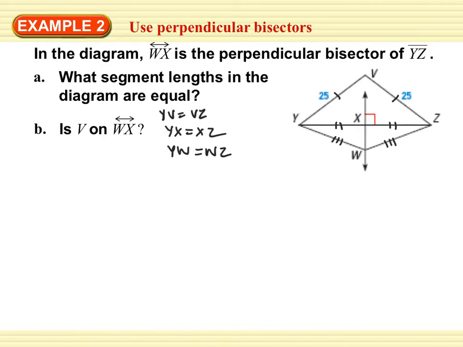And B says, is V on YX? Yes. Yes, and how do you know that? Because of the converse of the perpendicular bisector theorem. Good.